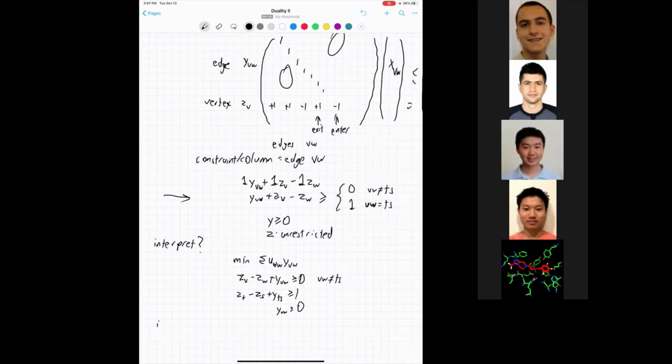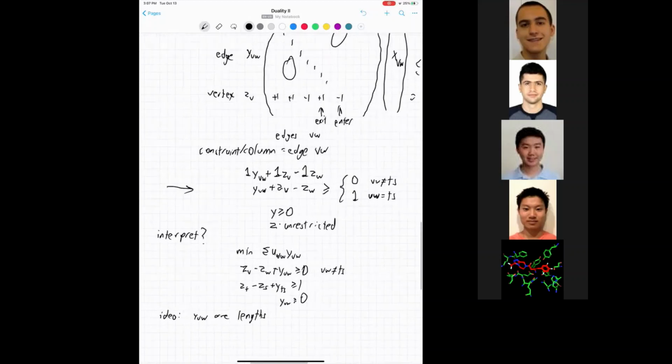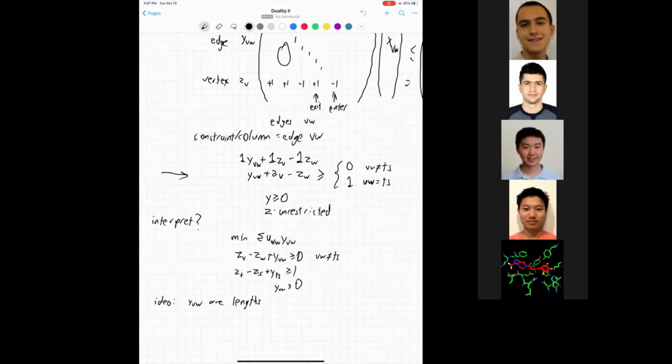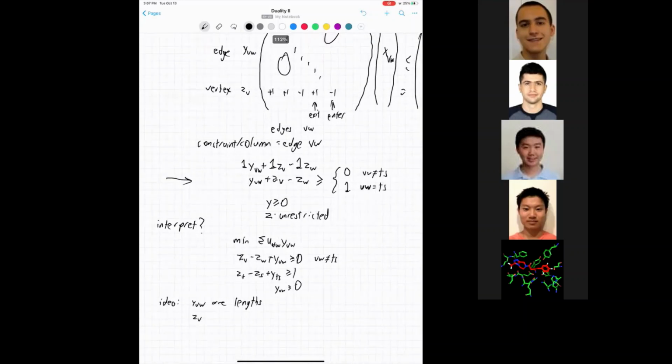So what this suggests is that we can think about the YVWs as lengths. Okay, and if the YVWs are lengths, then the ZVs are distances, because they satisfy a triangle inequality.